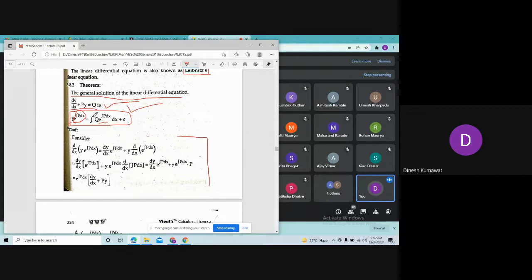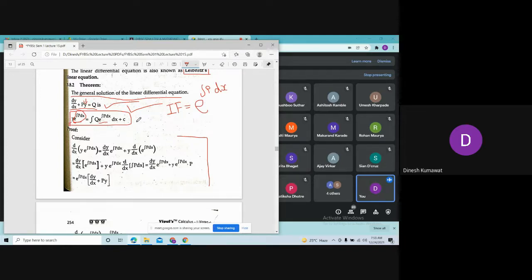kind of differential equations. Remember, whenever we are having y over here, then our integrating factor is nothing but e to the power integration p dx, where p is nothing but the coefficient of y.